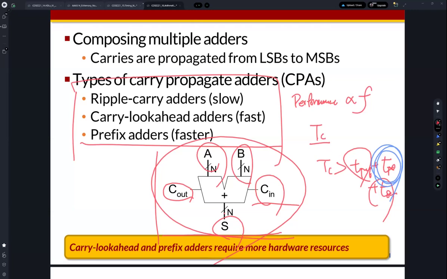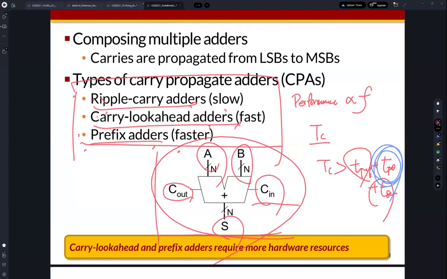That's why we will learn about the different kinds of adder. You can find three different kinds of adder here: ripple carry adder, carry lookahead adder, and prefix adders. Ripple carry adder is slow. Carry lookahead adders are fast, which means that the delay is low. Prefix adders are faster.